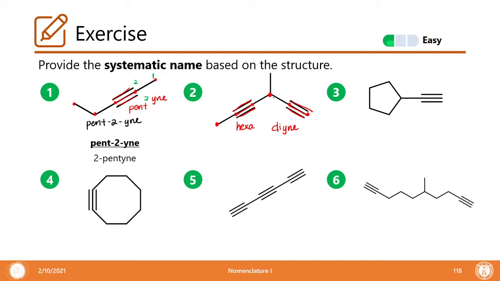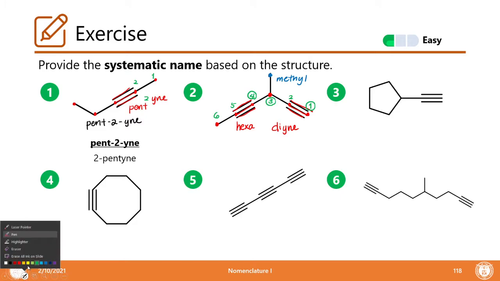Okay, we look for the substituent. This is a methyl group, and then we do the numbering as if the methyl group is invisible. We start here, 1, 2, 3. That's where the methyl group is. 4, that's where the triple bond is. 5, and then 6.